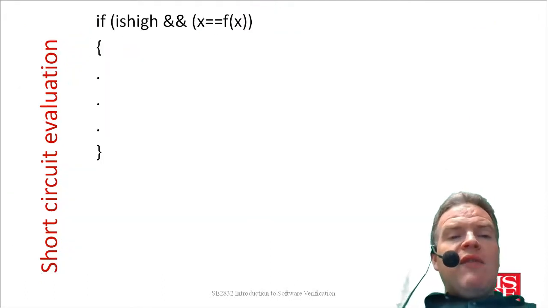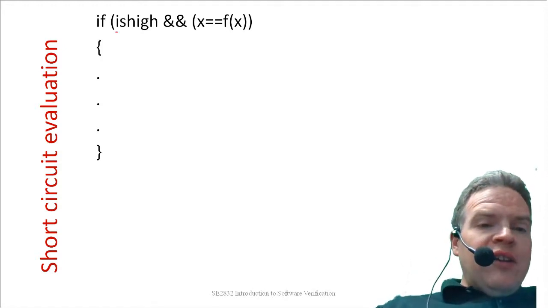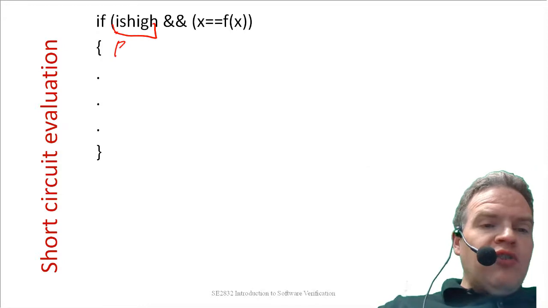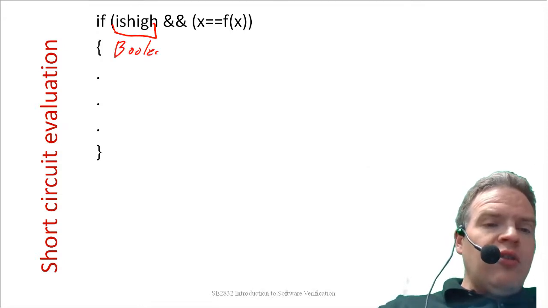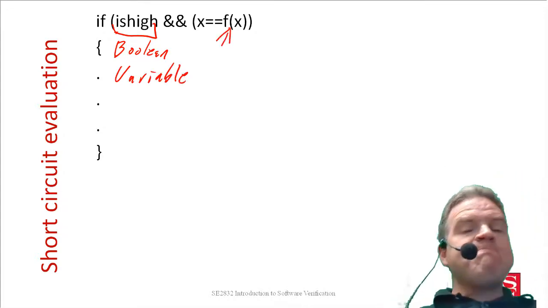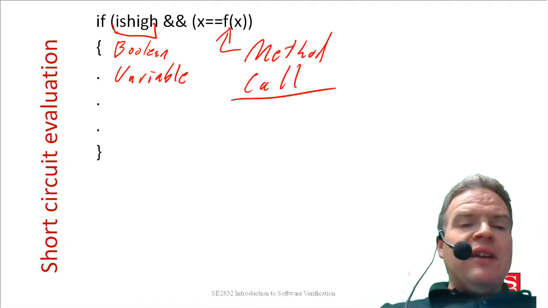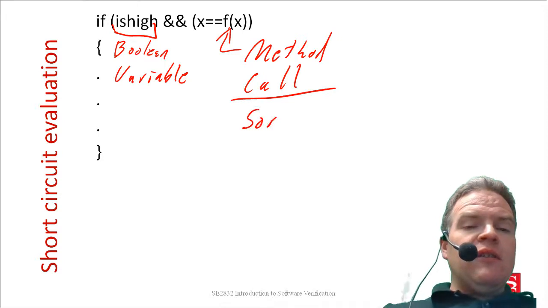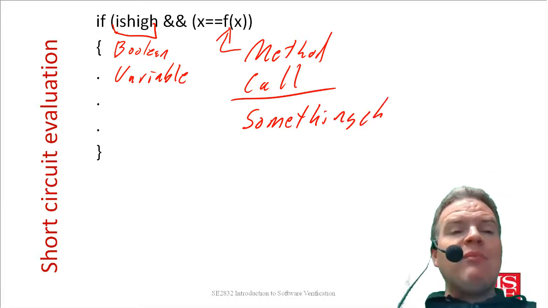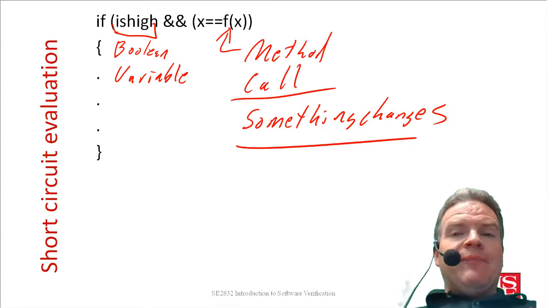Here I have a piece of code that deals with a Boolean variable, and here is a method call. If that method has a side effect, where a side effect means something changes, then we potentially run into a problem with short-circuit evaluation if we're not careful in our design.